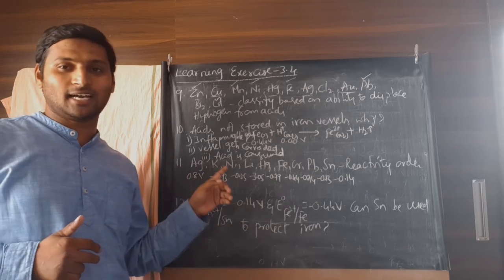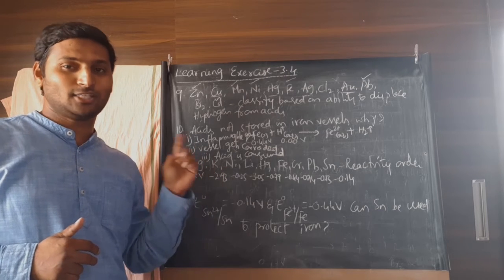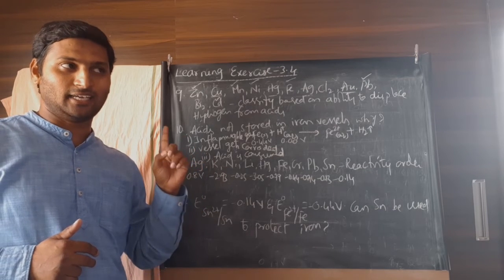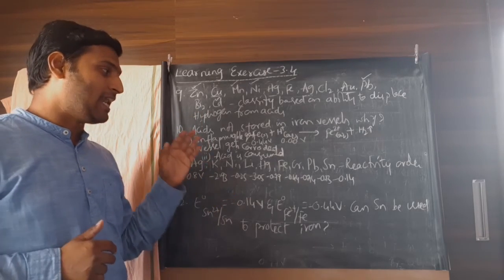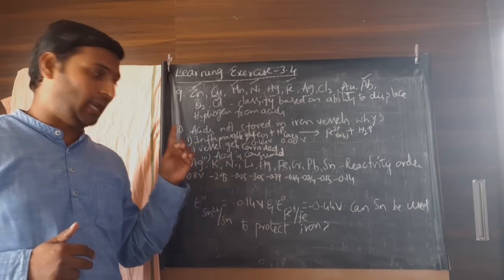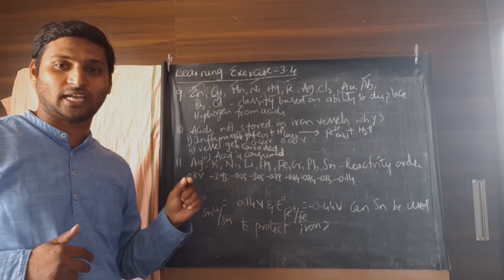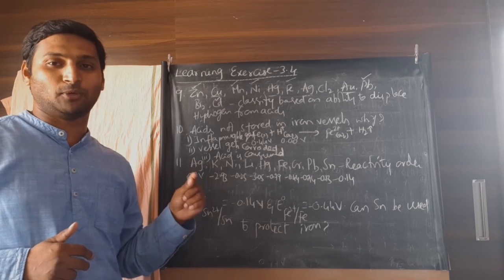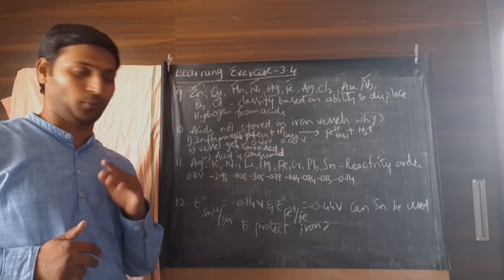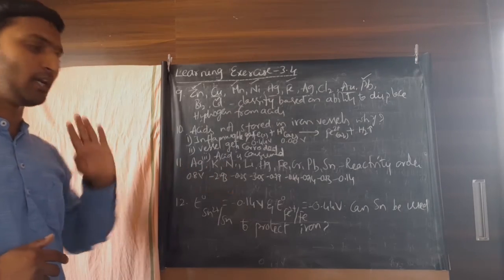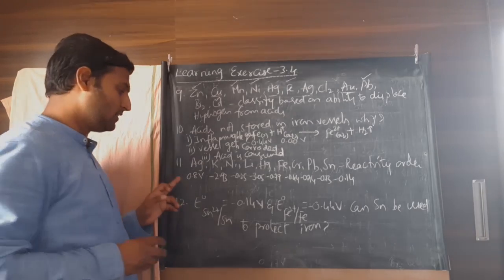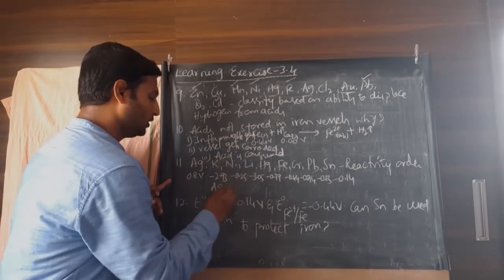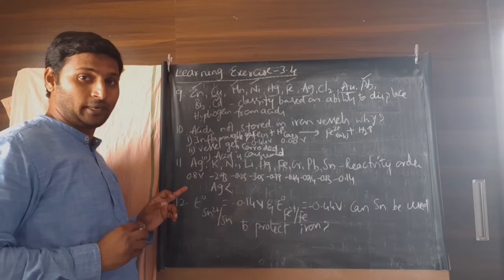You want the increasing order of reactivity, lowest to highest. Now the one with largest potential is least reactive, the one with smallest potential is most reactive, that we know. Now you have the electrode potential values here. Which one is having highest potential here? Silver. So silver is the least reactive metal.